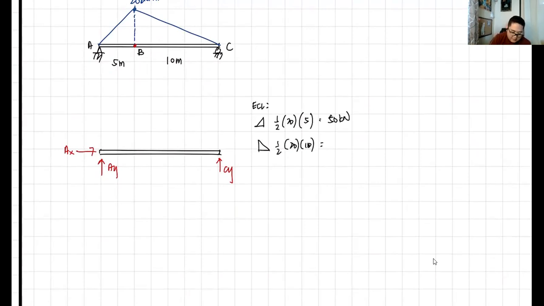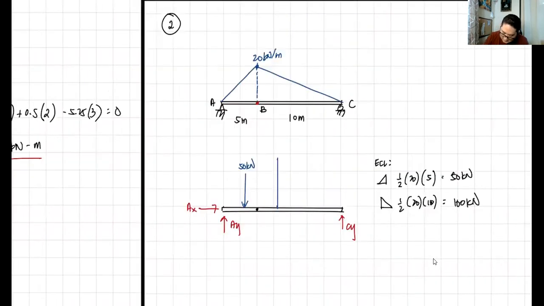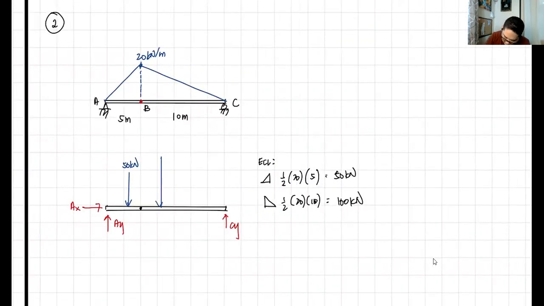So we have 200 divided 2 or 100 kilonewtons. So yung distances niya, kung ito yung point B natin, okay? So yung una will be somewhere dito, which is 50 kilonewton. And then yung isa will be somewhere here, which is 100 kilonewton.